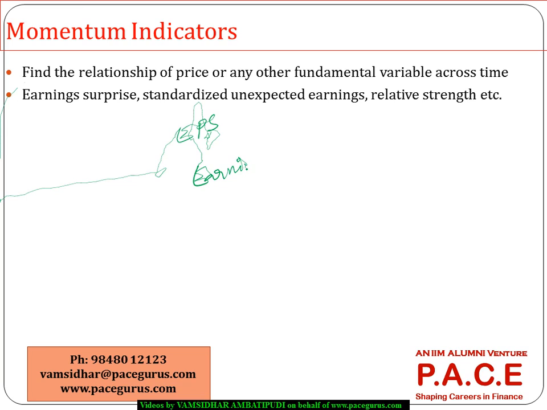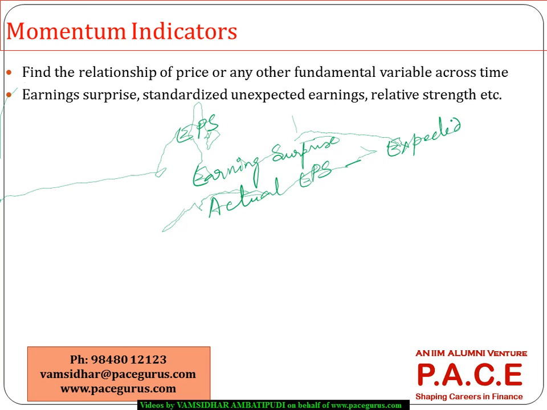When I say earnings surprise, we are primarily looking at to what extent my actual EPS is greater than the predicted or expected EPS. That is what we call an earnings surprise.